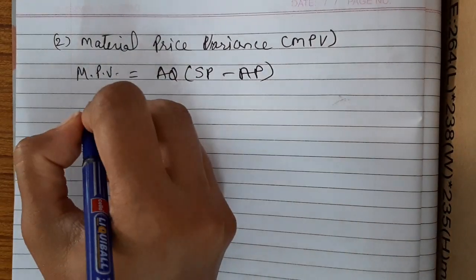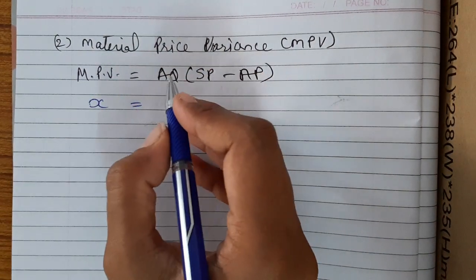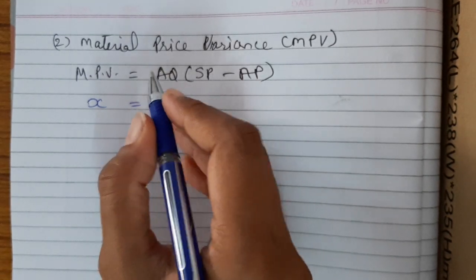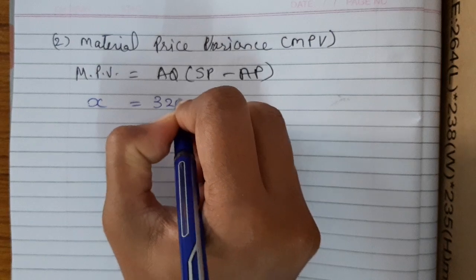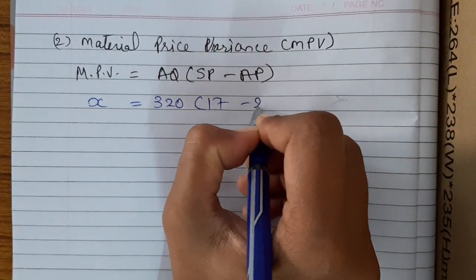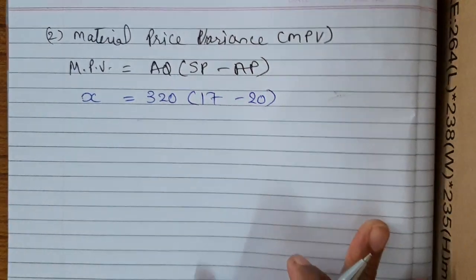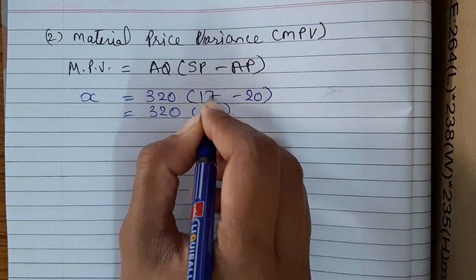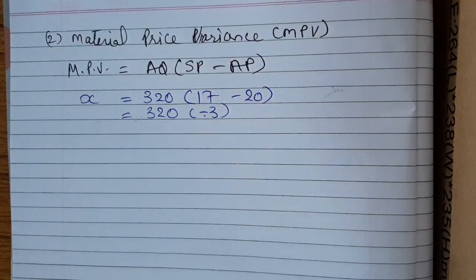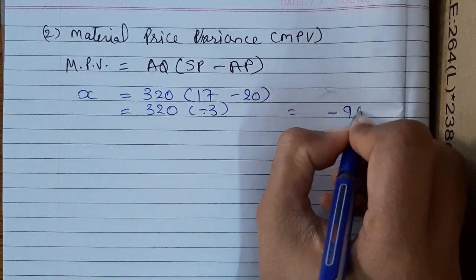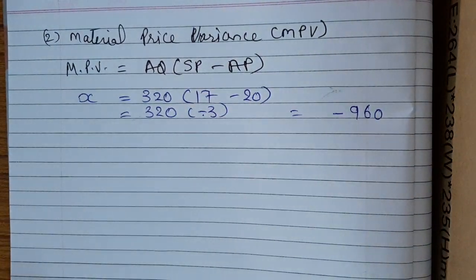Starting with X, actual quantity of X is given as 320 kilograms, standard price is 17 and actual price is 20. So 320 into negative 3. So the answer would be 960 unfavorable.